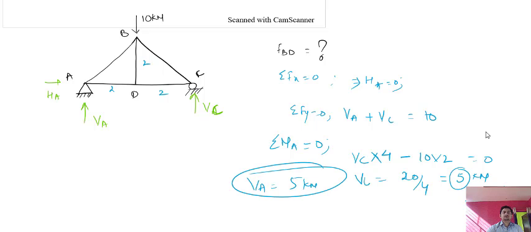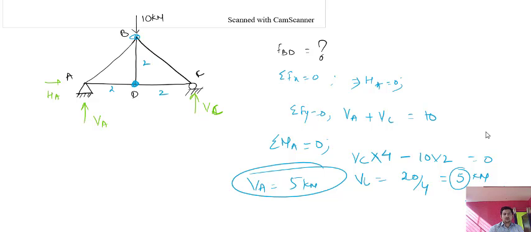So now we have the reaction values. Ultimately you need to calculate the value of the force in the member BD. So if we take the joint D, we need to find the force in the member BD. Either you take this joint or this joint.